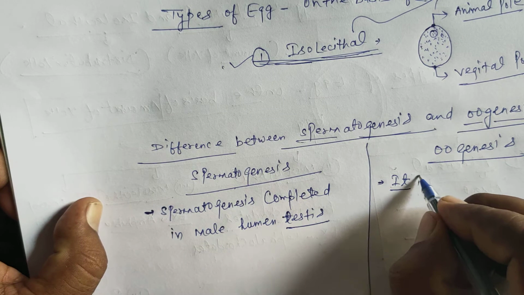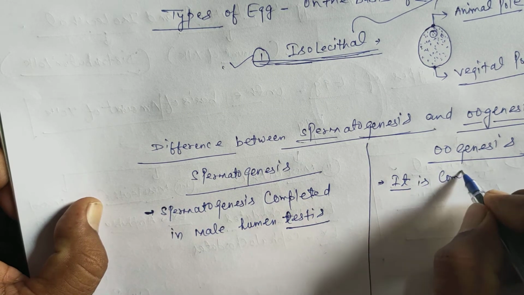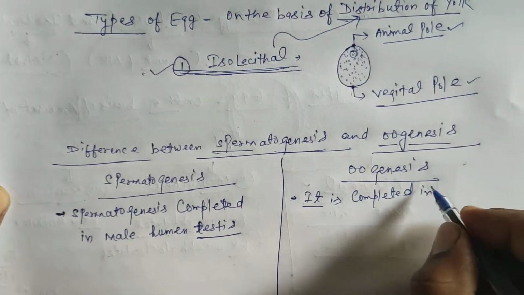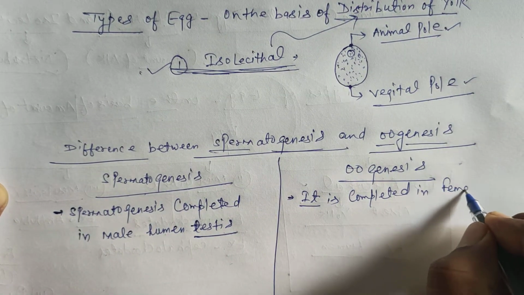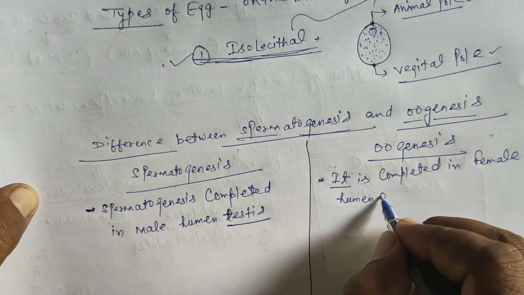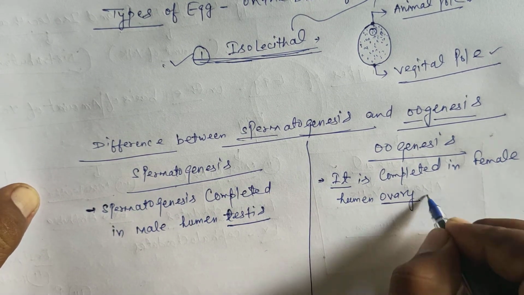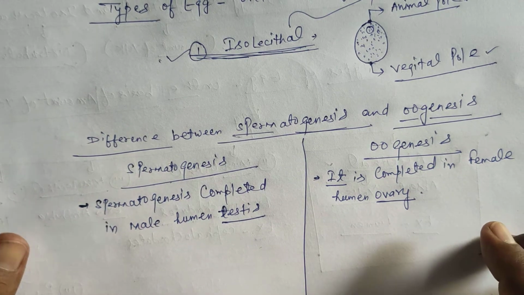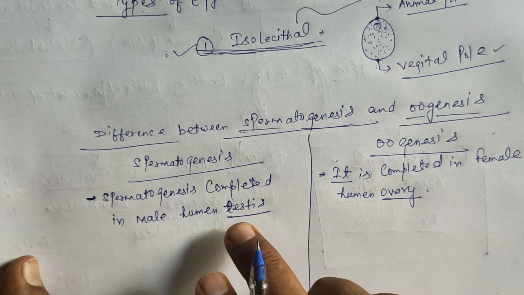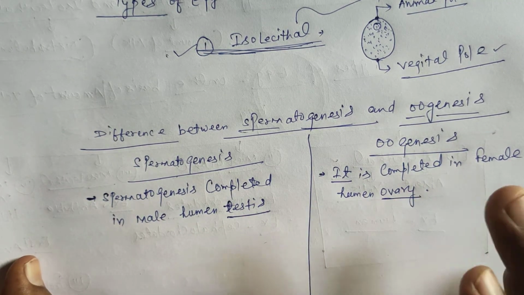Second, oogenesis is completed in the female human ovary. The primary or main reproductive organ in the female human is the ovary. The number of testes in the male human is 2, and the number of ovaries is 2.